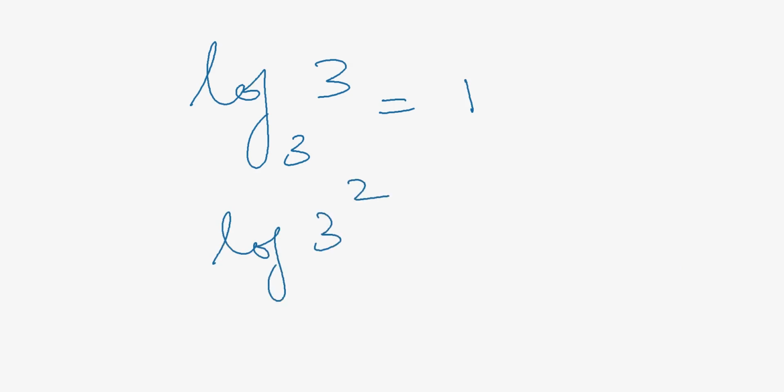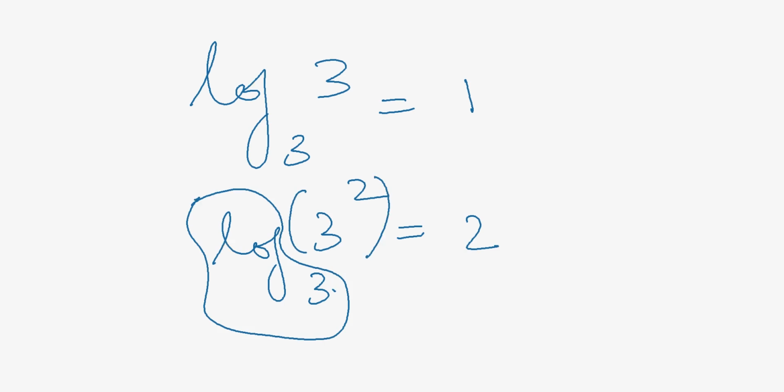Now I write log 3 to the base 3. What is the answer? Log 3 to the base 3 will be 1. Now log 3 squared to the base 3. What is the answer? 2. Do you see that beauty? Because the log to base 3 is the function acting on this 3 squared.